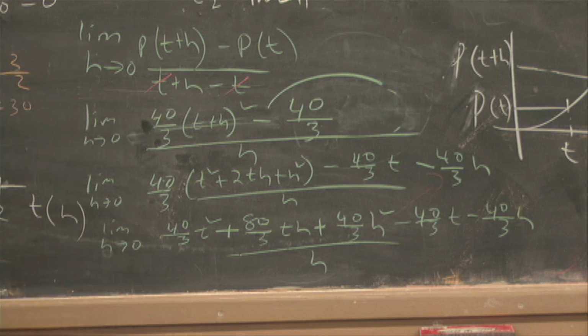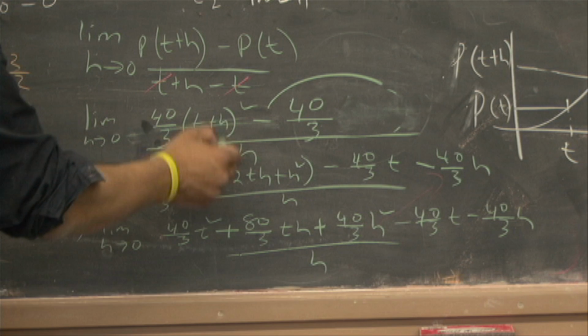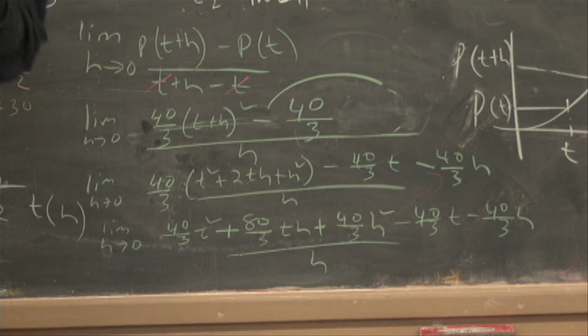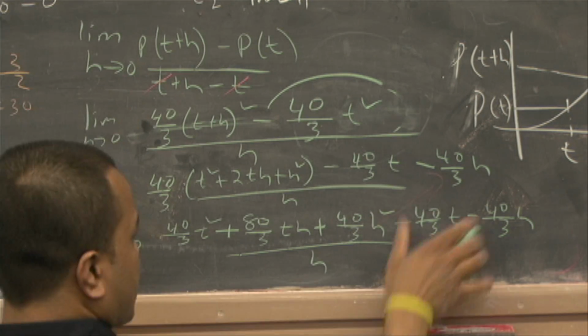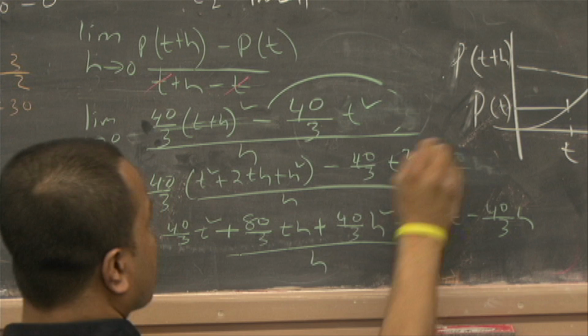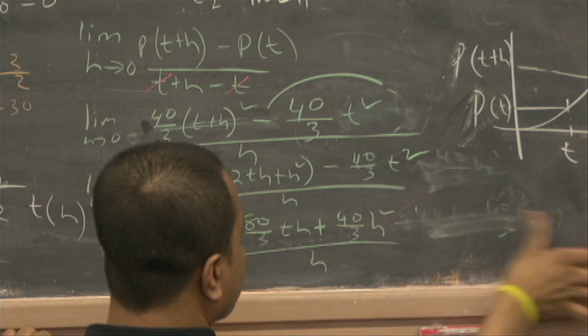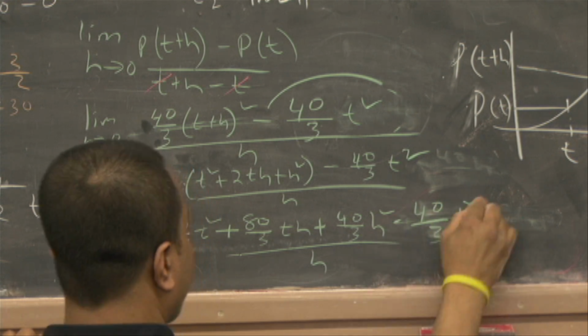So I realized that we made a mistake over here. Instead of t plus h, we just write 40 over 3 t squared. This is a big mistake, and I can't forgive myself for it. So this is just 40 over 3 t squared, right?